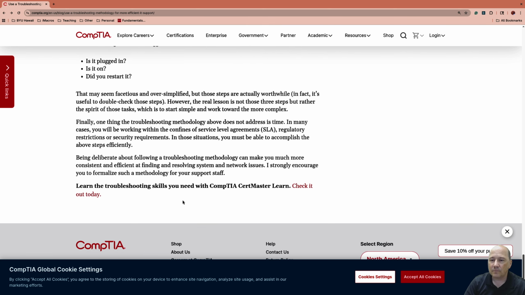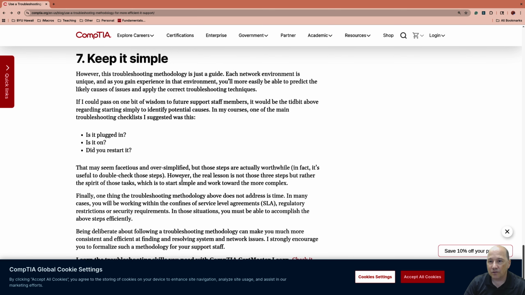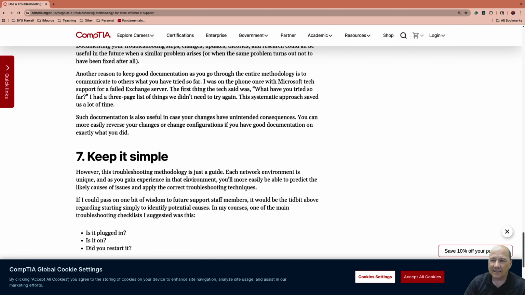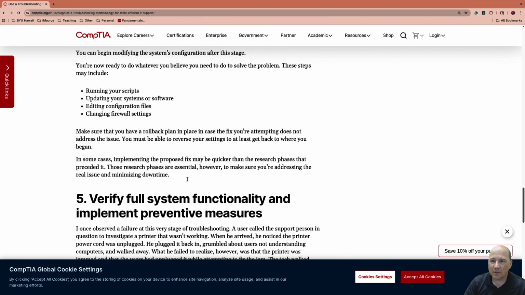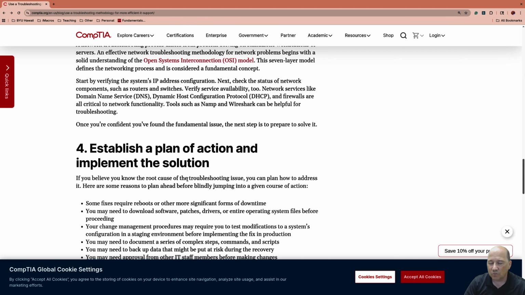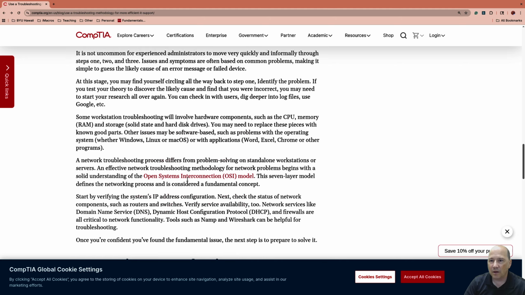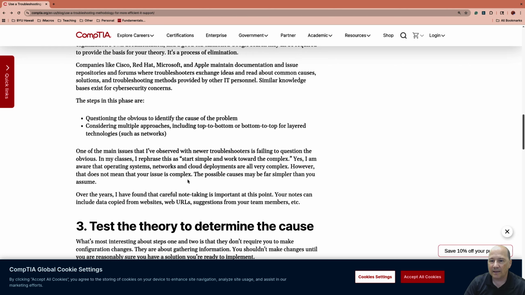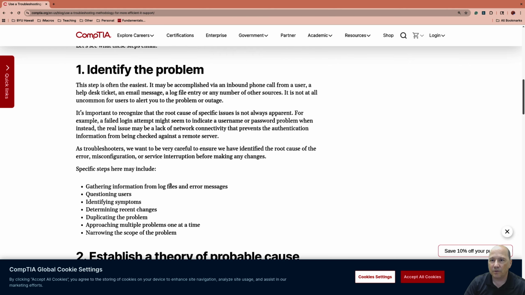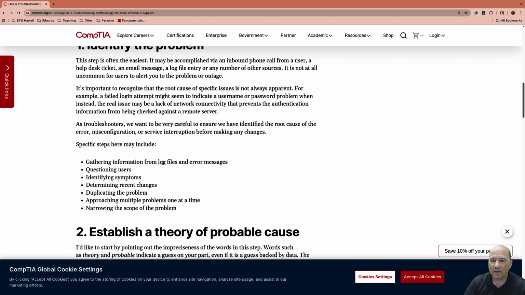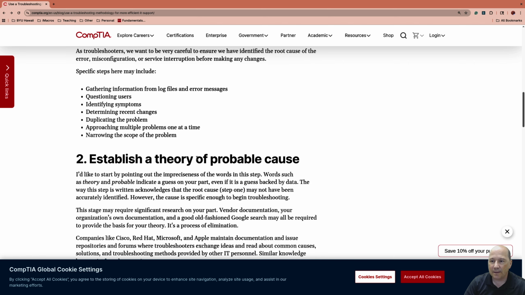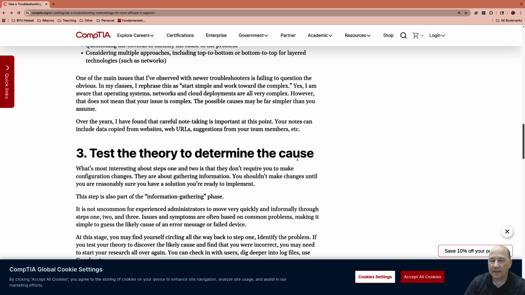Anyway, so troubleshooting is of vital importance. And I think the main thing I want to come back and touch on just once more before we leave is coming back to the first three things: identifying the problem, establishing a theory, and testing the theory.